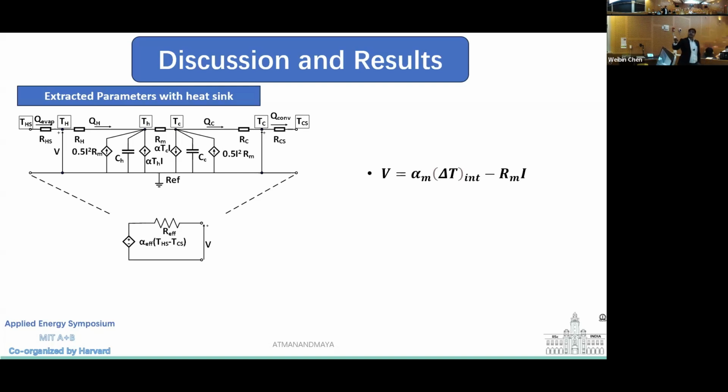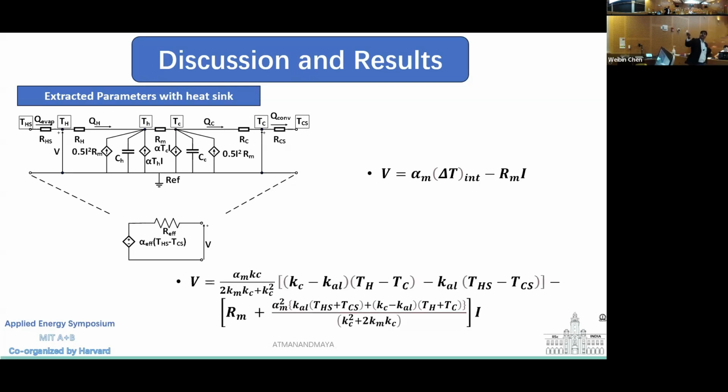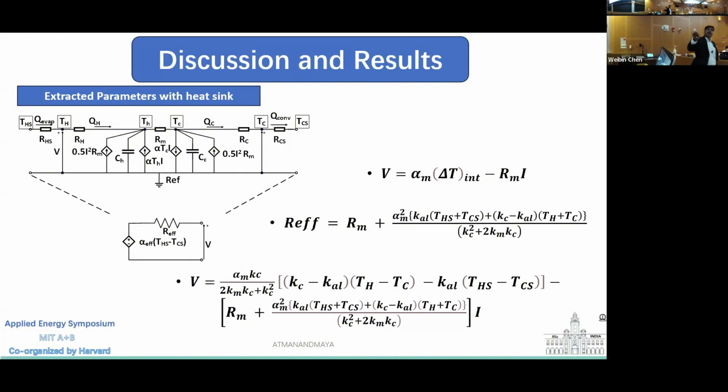If you do the circuit analysis for that, this is the voltage across the terminal, which is the current flowing through this. When I derive all those things, this is the voltage term coming. If you see the first term and this term, you can see that Rm can be extracted with this term. Therefore, we can derive this parameter.